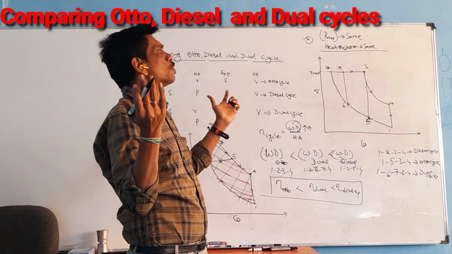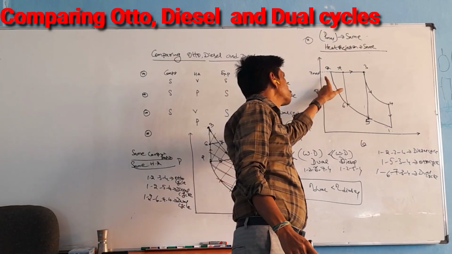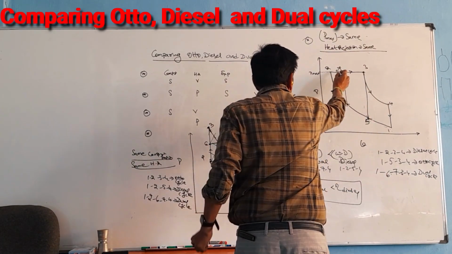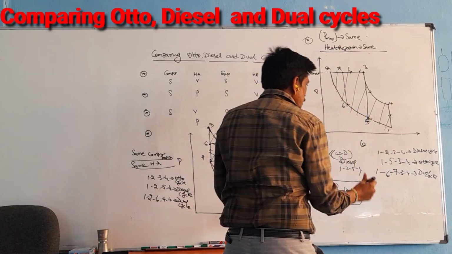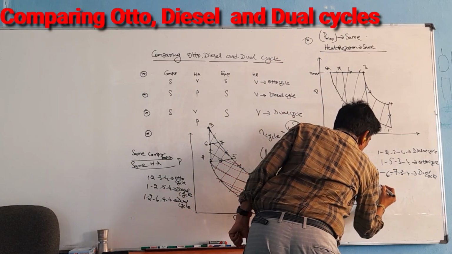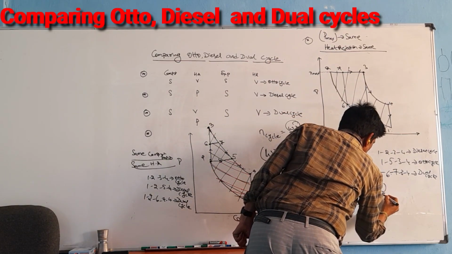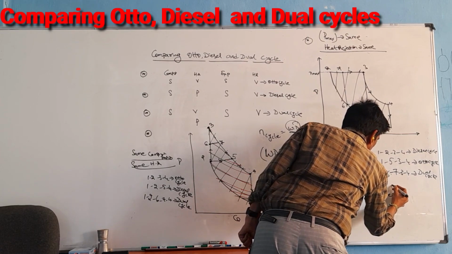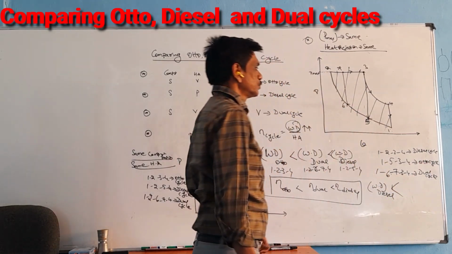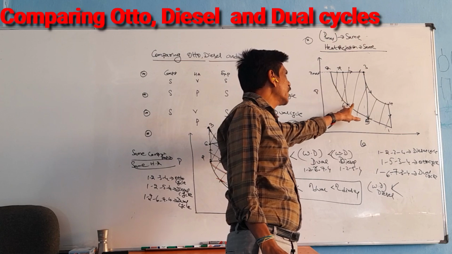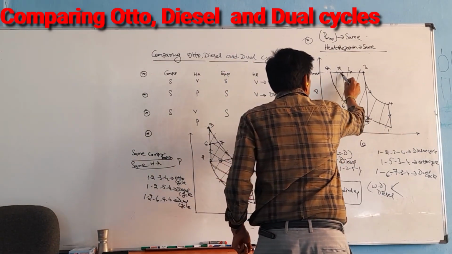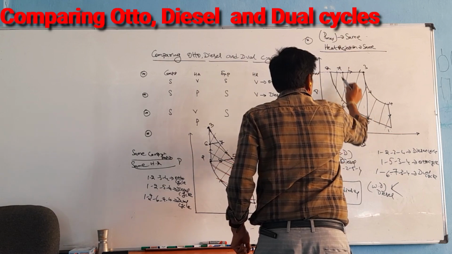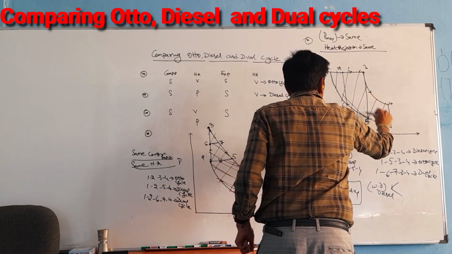So which area is more? The 1, 2, 3, 4 area is more. That is for the diesel cycle. So the diesel cycle has the highest work done. Next, in the order, you can see the cycle 1, 6, 7, 3, 4.